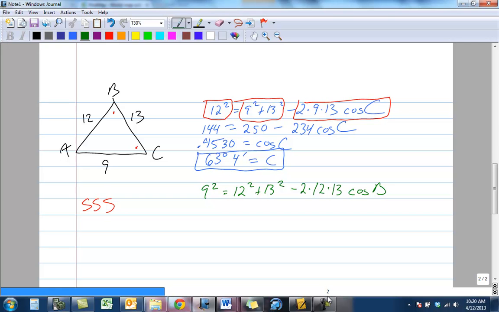Now, once again, this is the 3 parts. The right side, the addition stuff, and the multiplication stuff. So go ahead and use your calculator real quick. You should get 81 equals. Well, go ahead and do it and check with me once you're done.